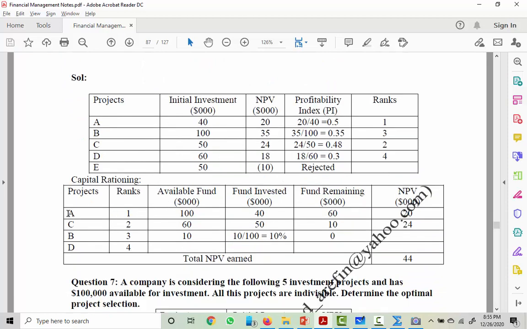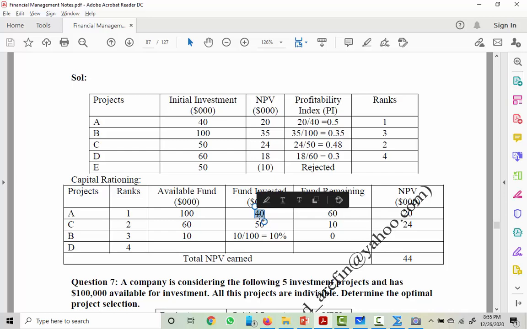Project A requires $40,000 initial investment. So this is the best project, in rank 1, and we will invest the full $40,000 in project A.